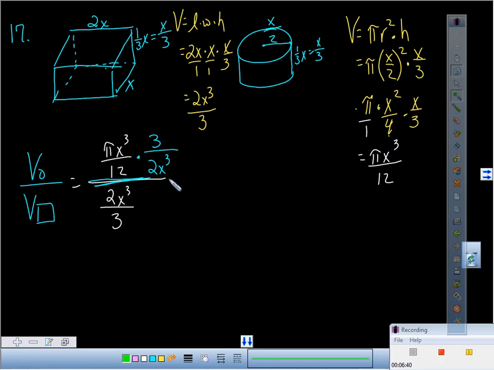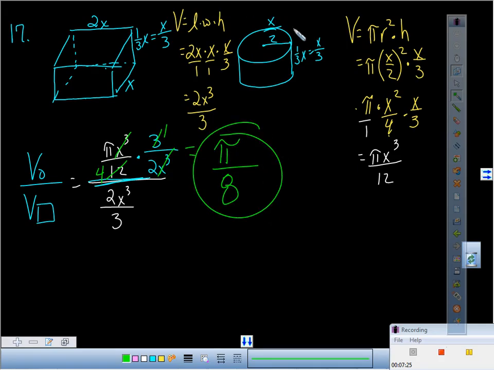What happens to my x to the third? They cancel out. All right, anything else? 3 and 12. 3 goes into 3 once. 3 goes into 12, 4. So what's the only thing left on the top? On the bottom was 4 times 2. Look at that. You're telling me all that stinking mess, and look at that beautiful answer.